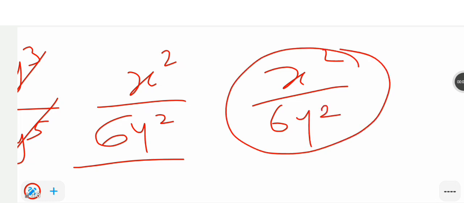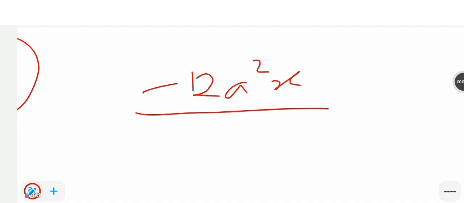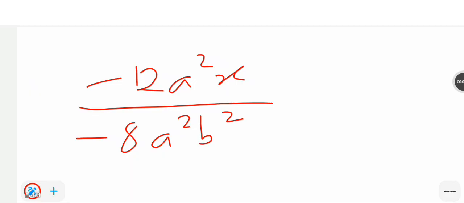Let's take another example. You have minus 12a squared x divided by minus 8a squared b squared. If you simplify this, you can see these two are the same, so they cancel out.